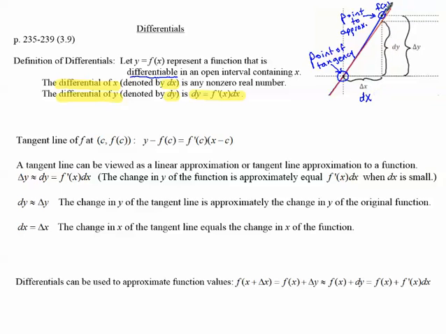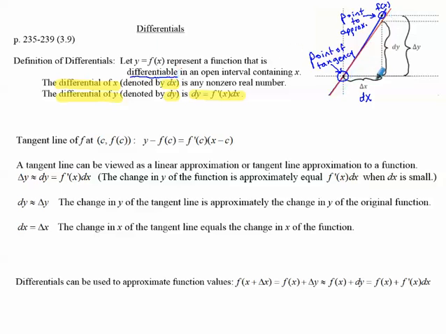This change in y, from this y value to this y value of the point to approximate, is the change in y, but the differential is the change in y on the tangent line. So notice that we're referring to the tangent line when we talk about the differential.